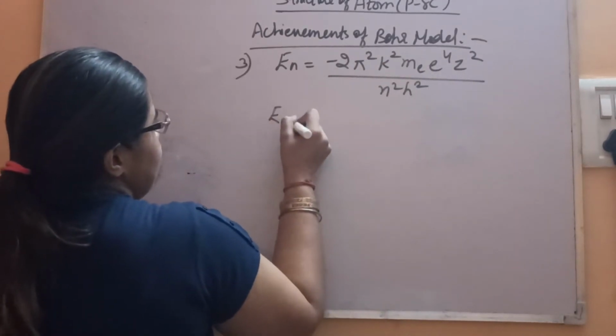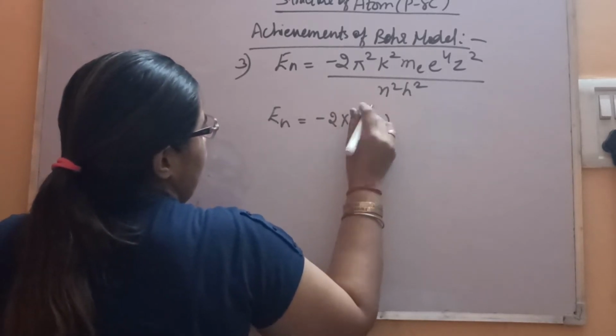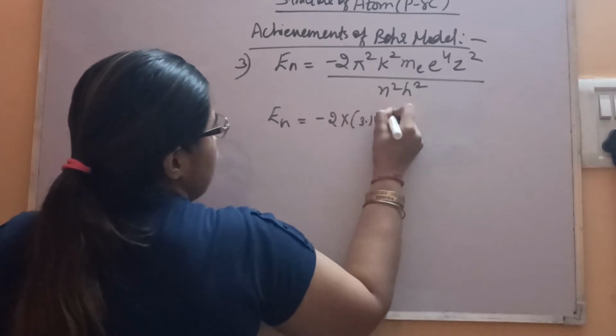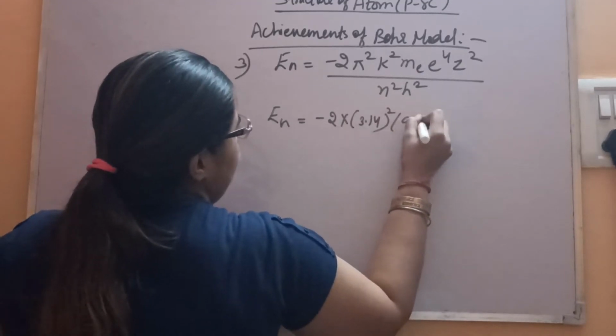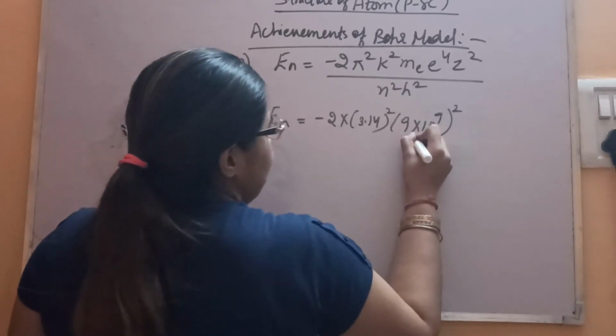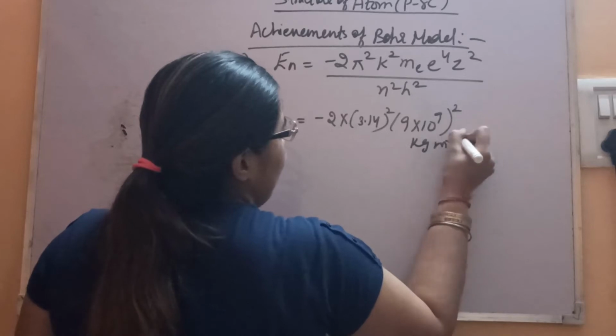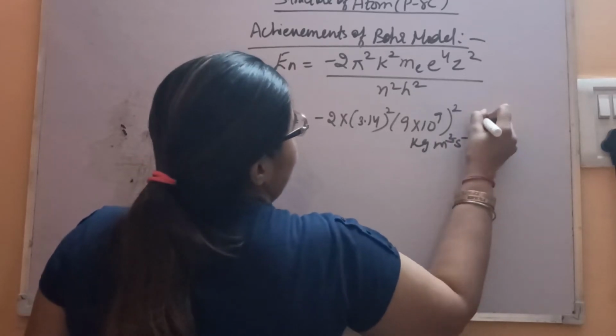So En is equal to minus 2 into 3.14 square, k is 9 into 10 to the power 9 square, that is units were kg meter cube per second square coulomb square.